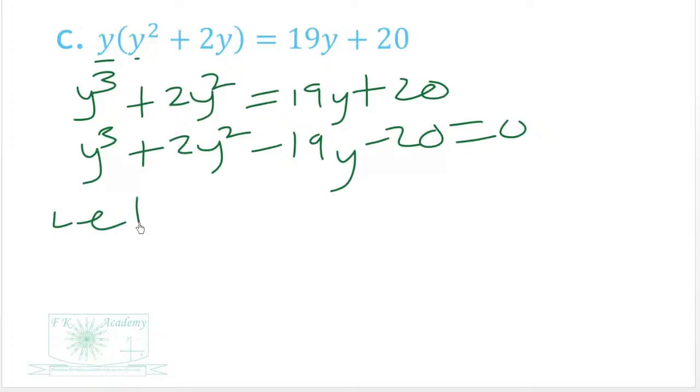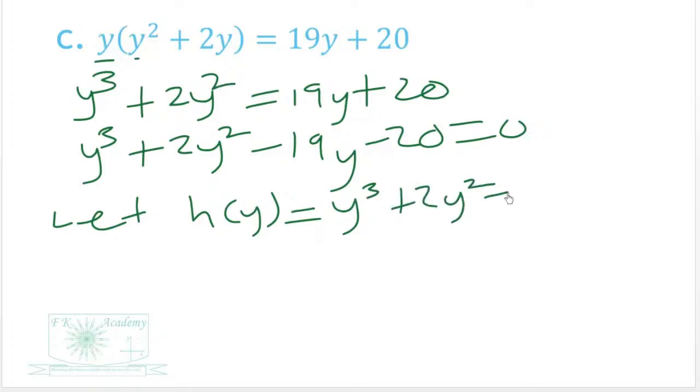We let h of y be equal to the cubic equation. Then we can now use the factor theorem to find the factors. So using the factor theorem, let's start from negative 1, which is a factor of negative 20.